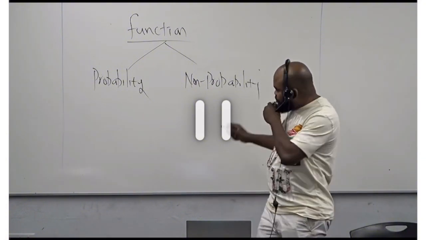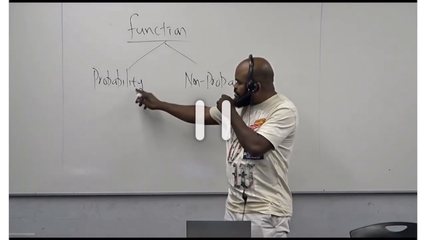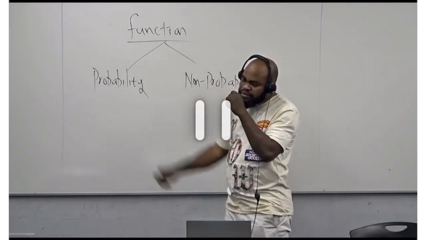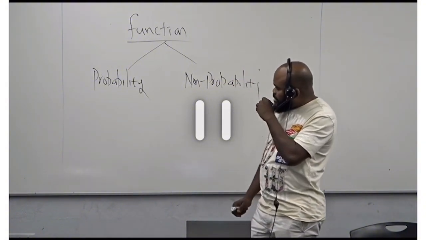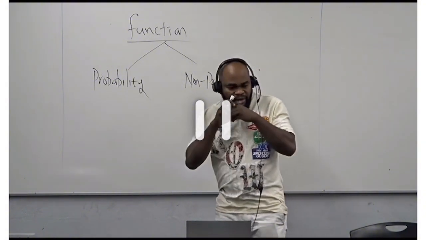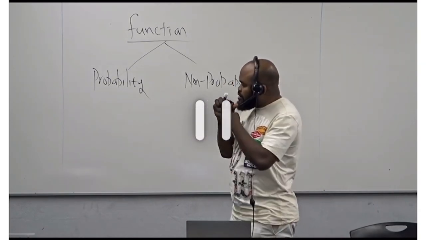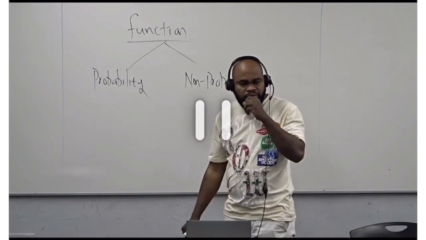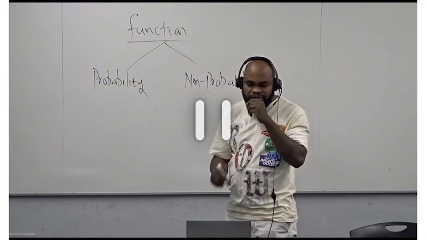The difference between the two is that when you're using a probability function, you are assigning figures in the range of 0 to 1.